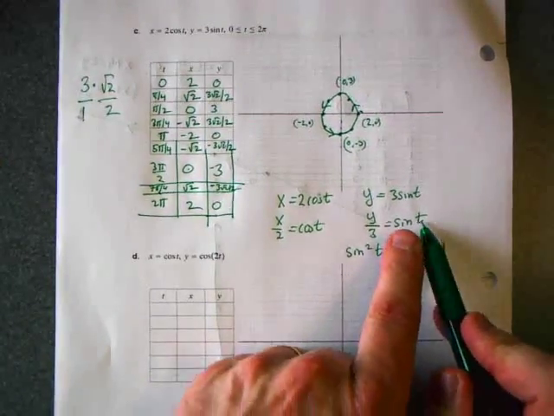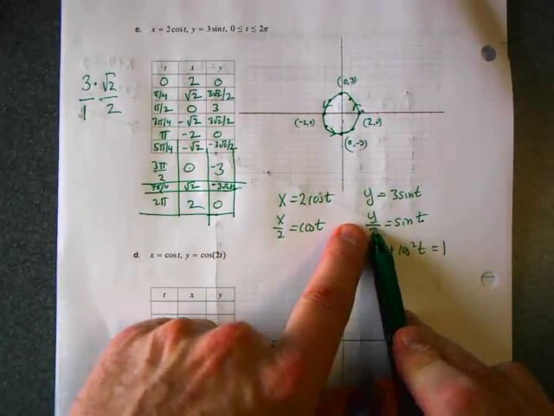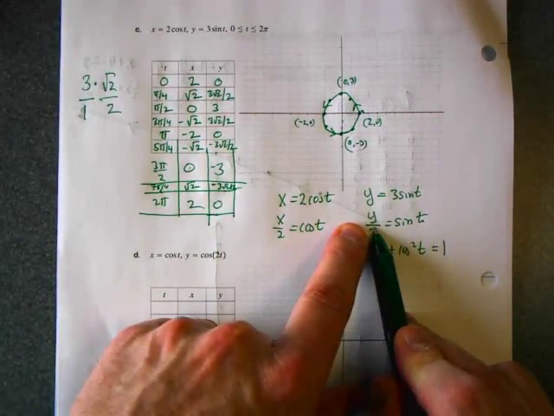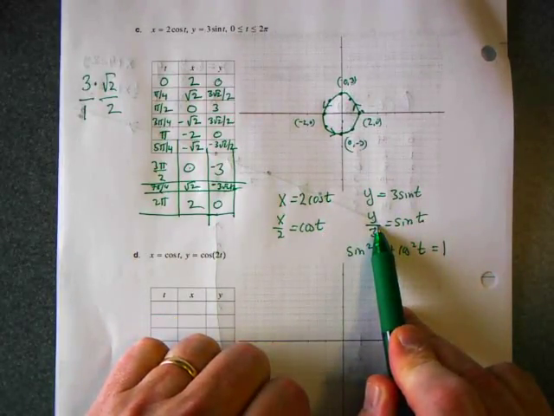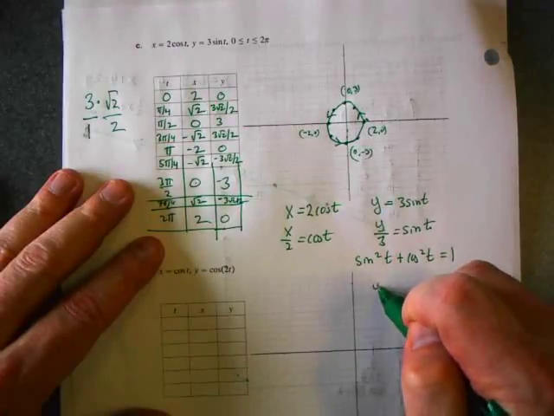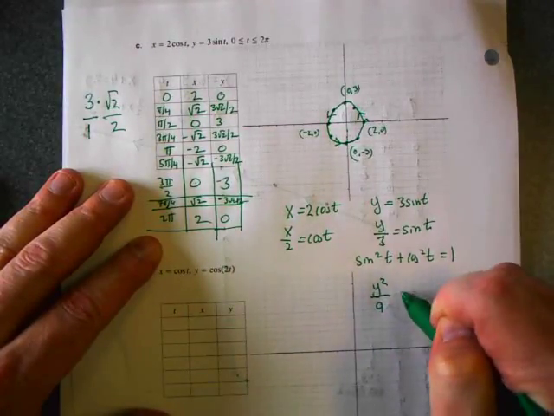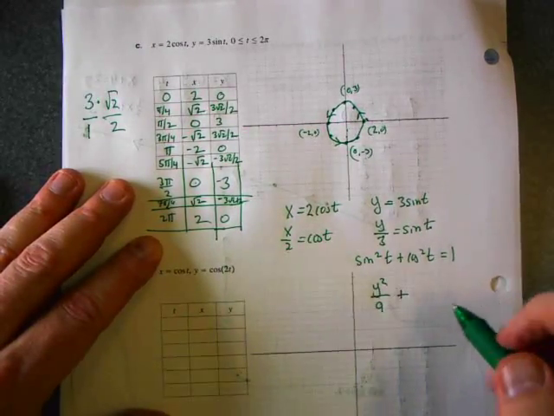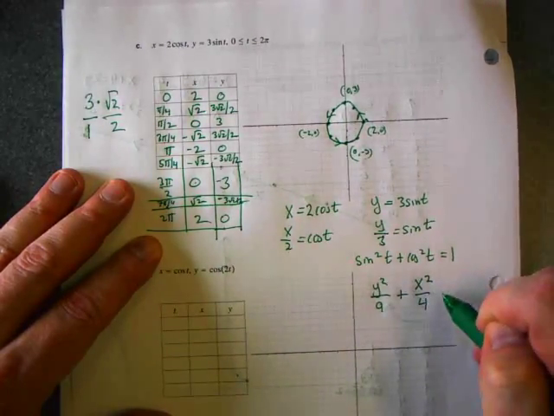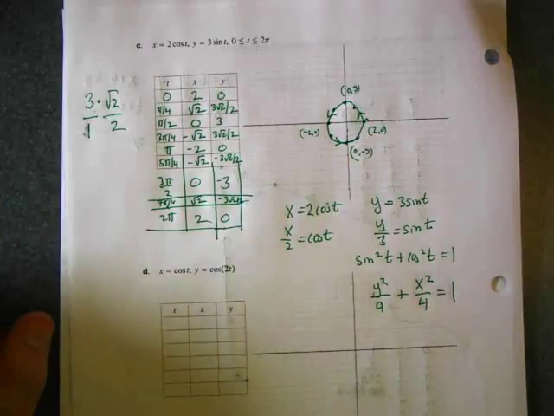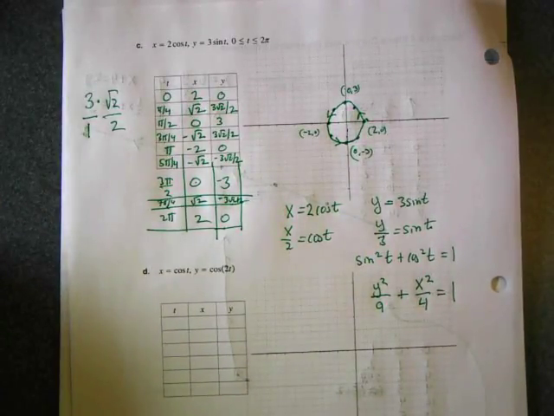But instead of sine squared, what happens when I square this thing? What's sine squared? So y squared over 9 plus cosine squared would be x squared over 4 equals 1. So there's the equation of that ellipse written in standard rectangular form.